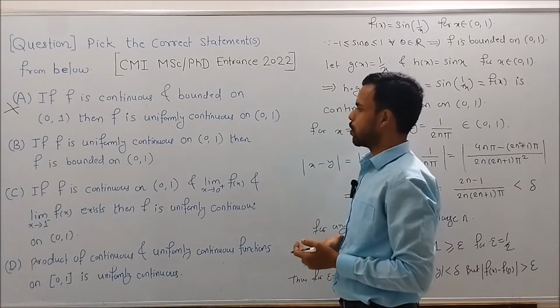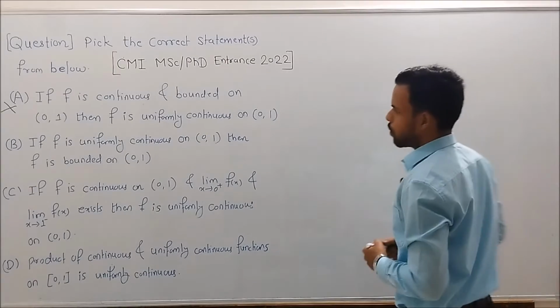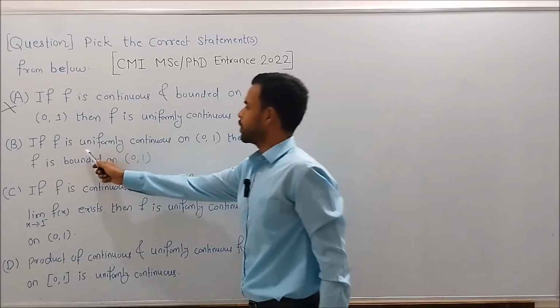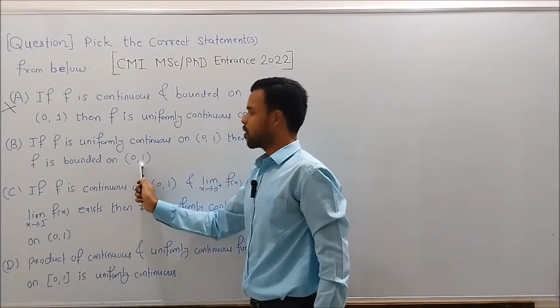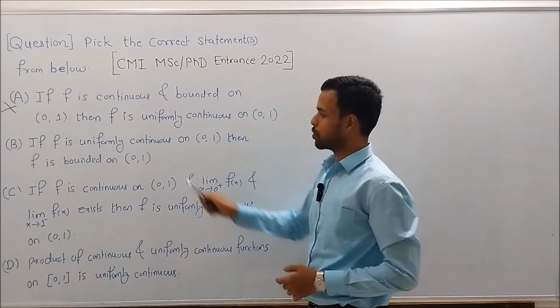Now we will see option B. If f is uniformly continuous on the open interval (0,1), then f is bounded on the open interval (0,1). Yes, this is a true statement.